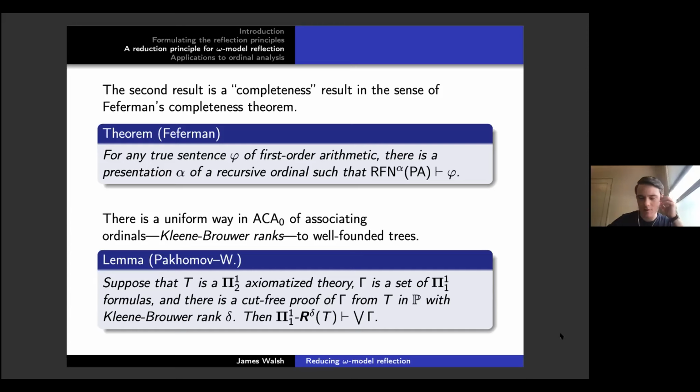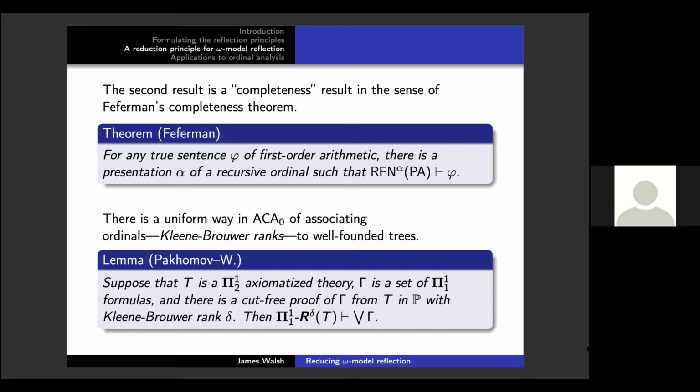But what were you saying about where the proof goes wrong when we don't have the pi12 restriction here? Okay, so you could prove this simply by using the fact that omega proofs are pi11 complete. So for a particular pi11 sentence, you will have a particular well-founded proof of this fact.